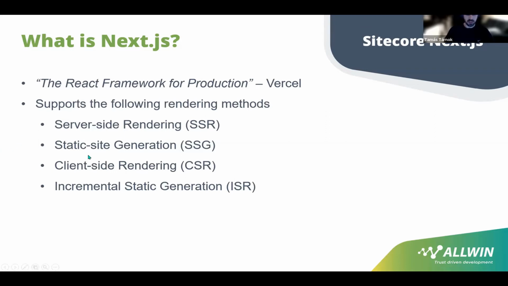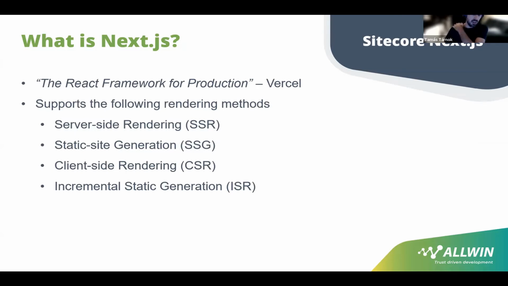The next one is the static site generation. This is when the site is generated by a build or a content update trigger or webhook. Then it regenerates the HTML files and stores them in a file storage, basically, and then it just serves the files and doesn't do any server-side functions. The next one is the client-side rendering.